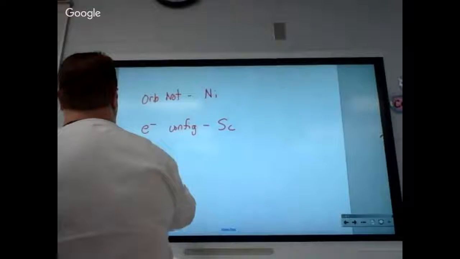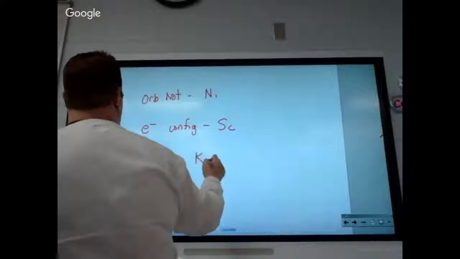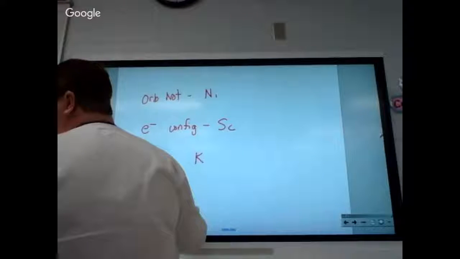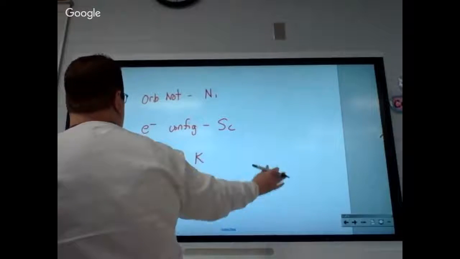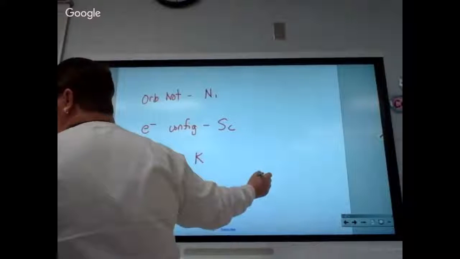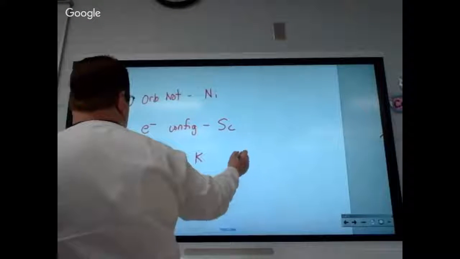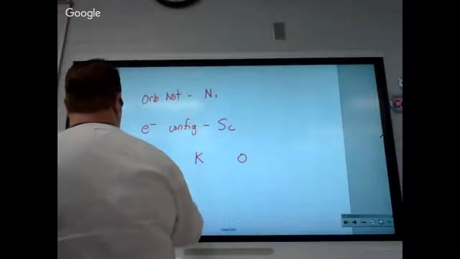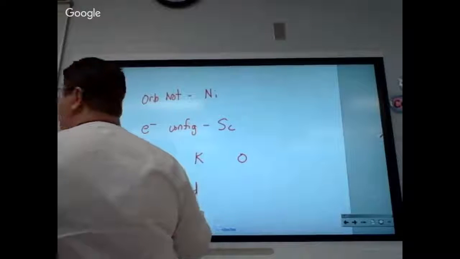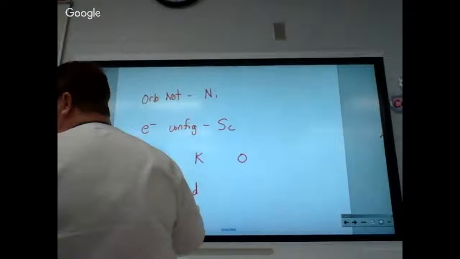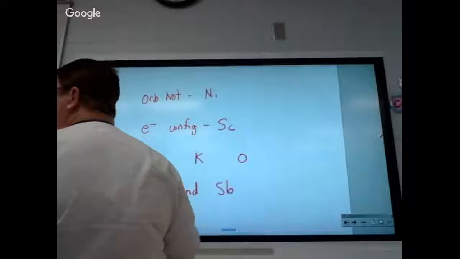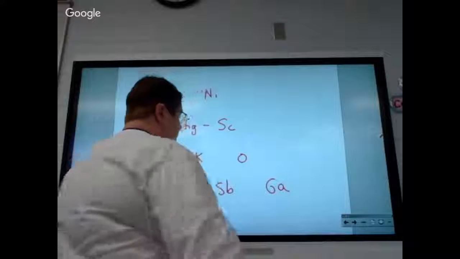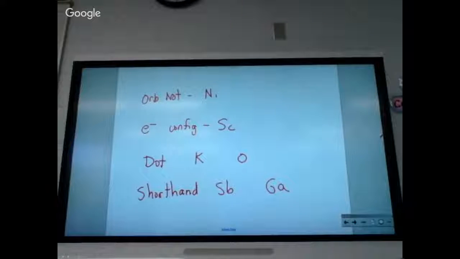For a dot diagram, let's do potassium and arsenic. Now let's not do arsenic. We've done that one. Let's do oxygen. Let's do a short one. And for shorthand, let's do Sb. We've done so many of these things. We do K and O.